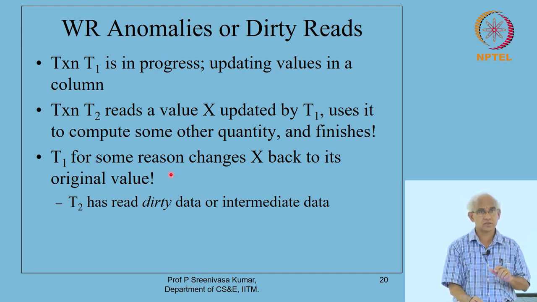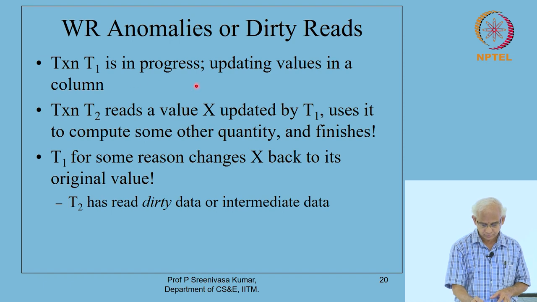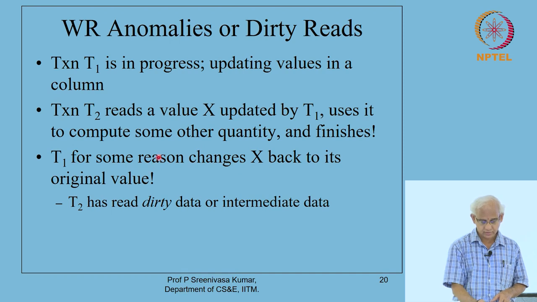The system itself might decide to roll back the operations of T1, in which case the value that it has changed has to be brought back to the original value. So, there is a write that happened, a read that happened, and then a cancellation of the write. Essentially, T2 has read some intermediate data, also called dirty data because it's not correct data, and so got into trouble.